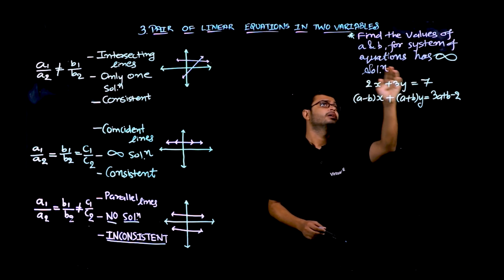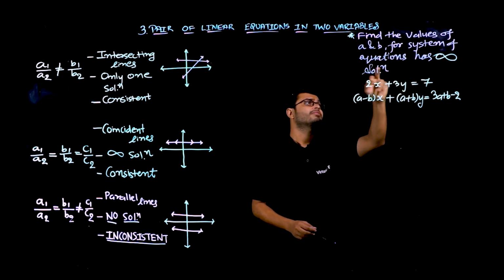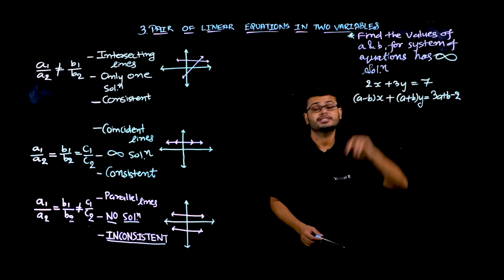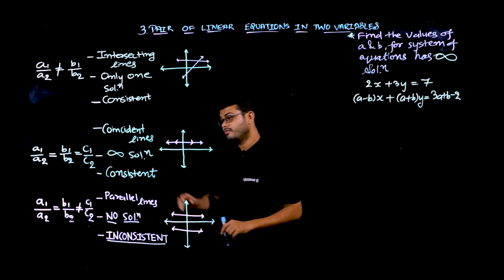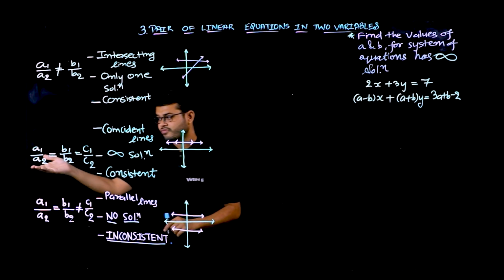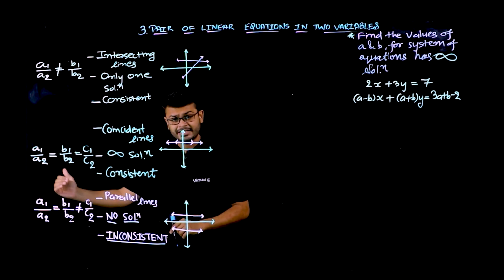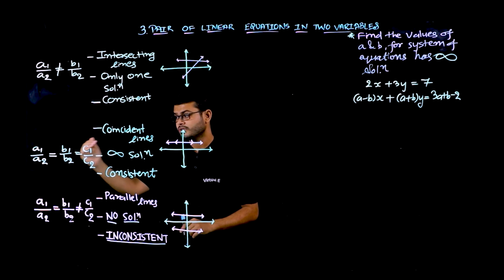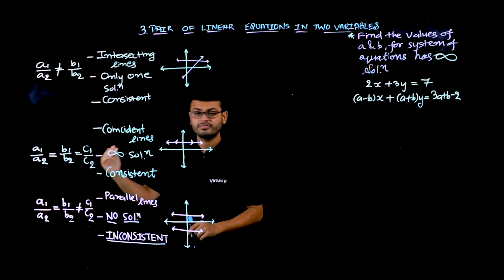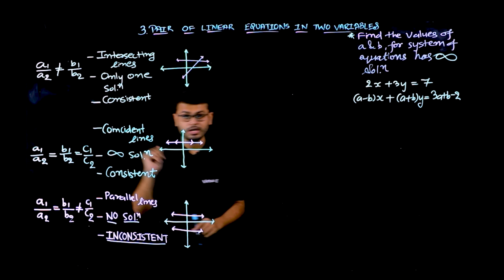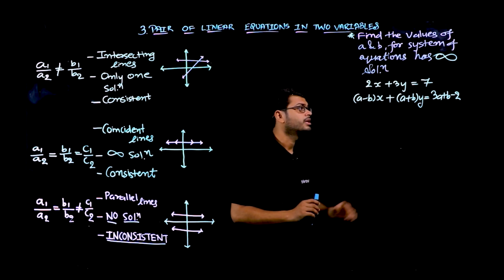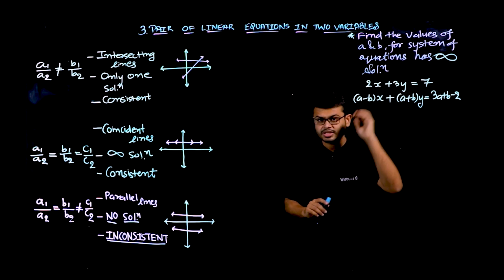See, it is given that the system of equations has infinite solutions. So, we are talking about the case of infinite solutions. Ratio of coefficient of x, ratio of coefficient of y, and ratio of constants will be equal. So first step, we need to convert into standard form.